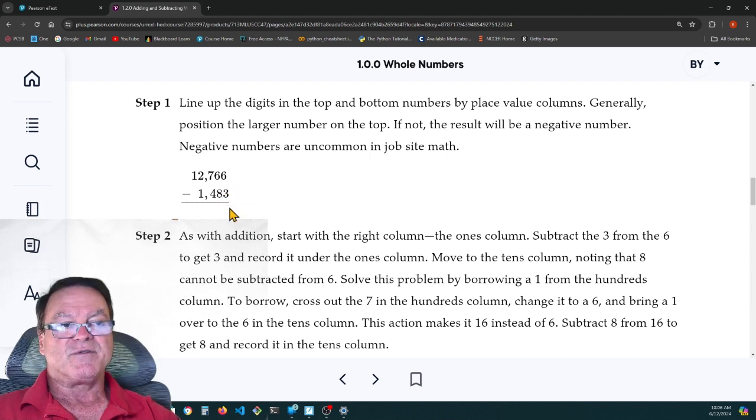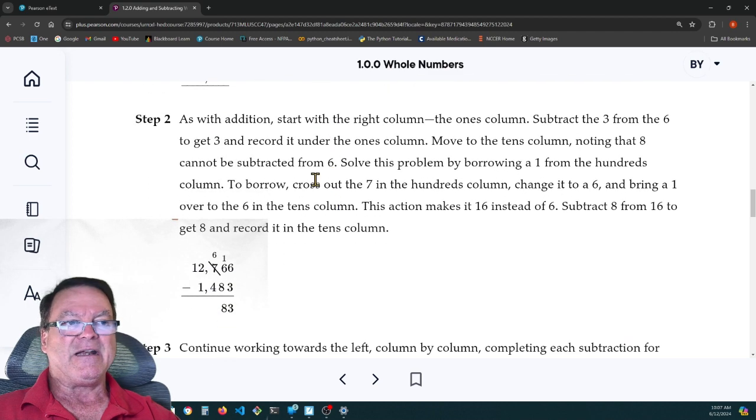6 minus 3 equals 3, but we cannot subtract 8 from 6. 6 minus 8 is actually -2, so we run into a problem there. We have to make this 6 a 16. It says, as with addition, start with the right column, the ones column, subtract the 3 from the 6 to get 3, and record it under the ones column.